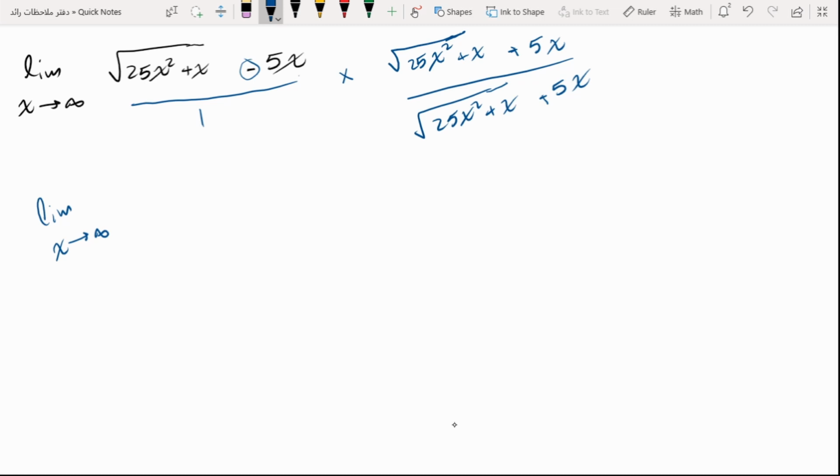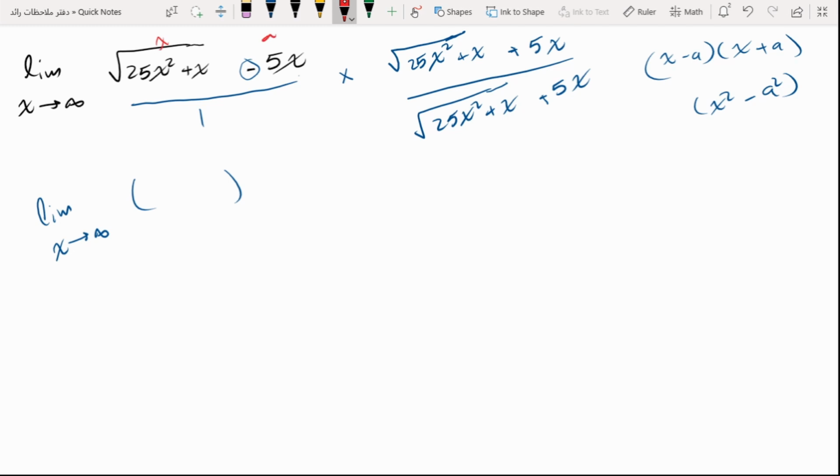Now the answer will be, it's a difference between two squares. I will use the rule: x minus a times x plus a is equal to x to the power of 2 minus a to the power of 2. This is x and this is a.